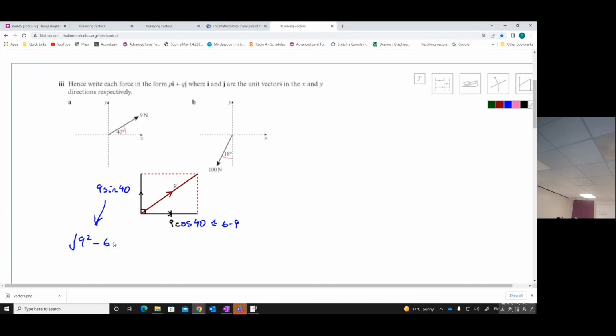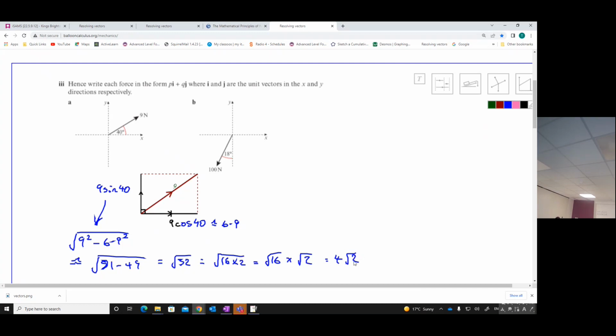And 6.9 is virtually 7, so we're estimating approximately equal to 81 minus 49, 32, root 32. Or if you think of it as root 16 times 2, is that fair enough? Right. So hence 4 root 2, because you've got root 16 times root 2, which is 4 root 2, okay?